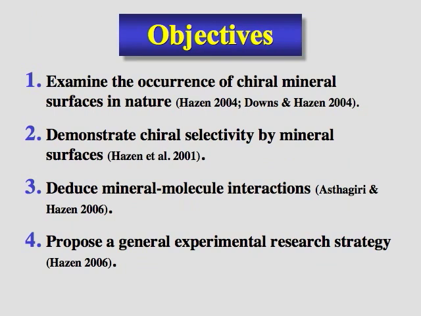Third is to look through a theoretical analysis, first principles calculations, of exactly what's happening at the molecular scale. Why would one molecule stick to one particular surface preferentially? And finally, I'm going to propose a more general way of approaching this problem using a combinatoric technique based on DNA microarray technology, where we can study literally thousands of mineral-molecule pairs in a single experiment, which really makes our life a lot easier.